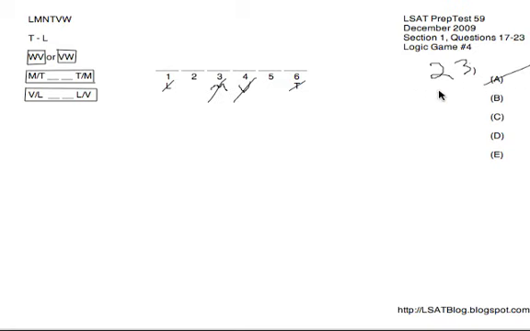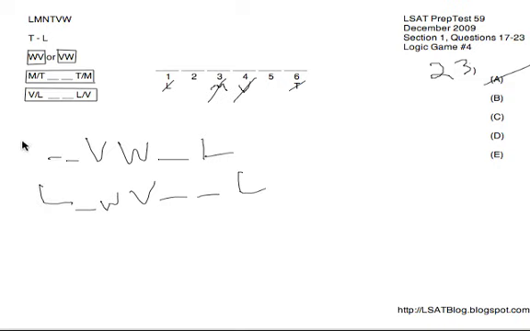Next, looking at B, L touching W. Well, we know that W always touches V, and V has exactly 2 spaces between it and L. Therefore, if we had VW, we would have VW space L, or if we had WV, we could have space, space, L. Actually, that wouldn't work because L can never be on 1.